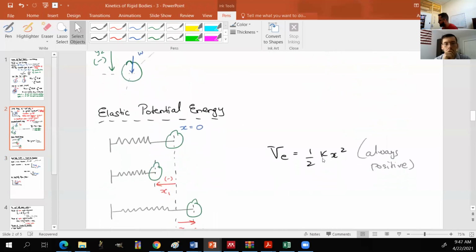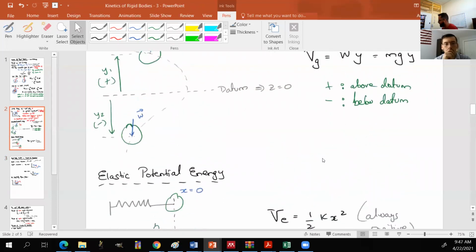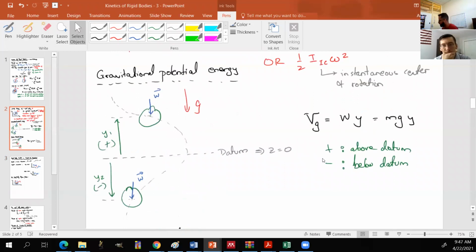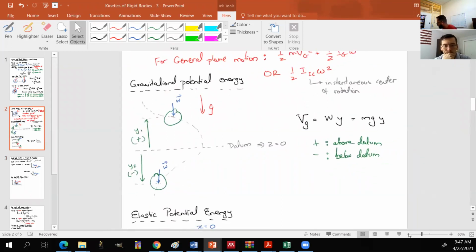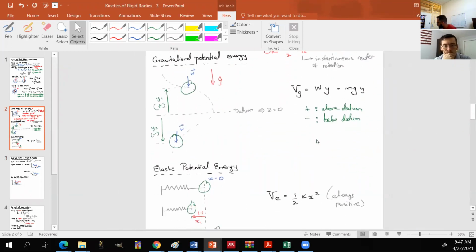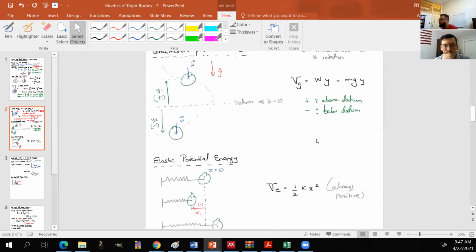Just real quick, maybe you already talked about this and I'm behind, but your potential energy symbol, is that a V? Yeah, capital V. No, potential energy is capital V, and capital U is work done due to force.